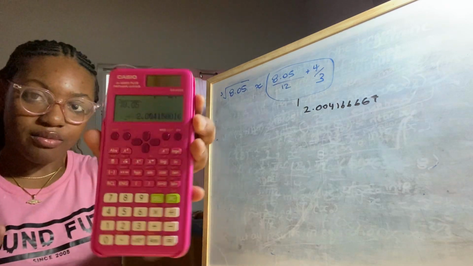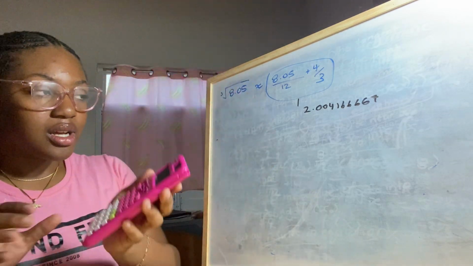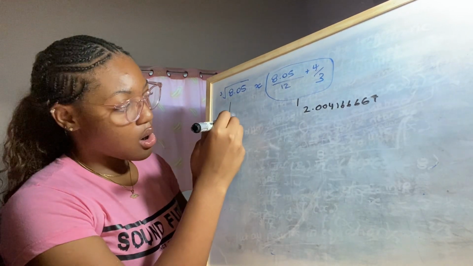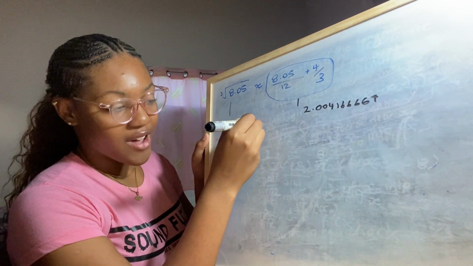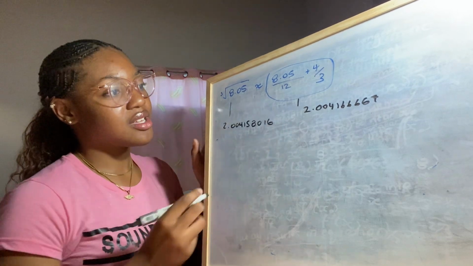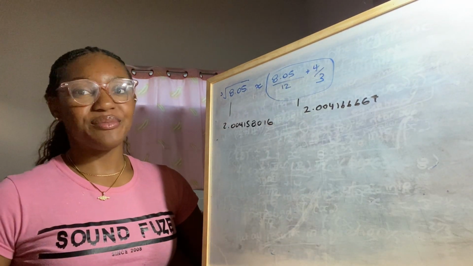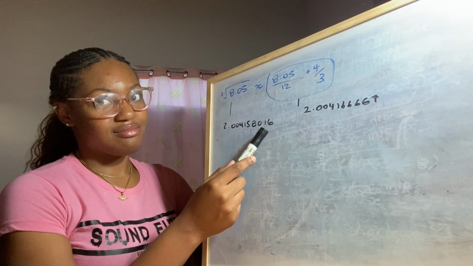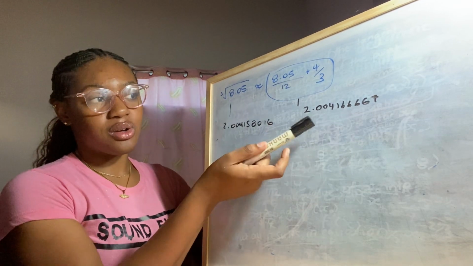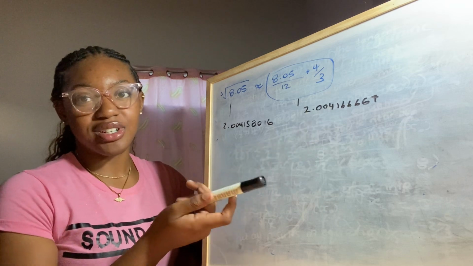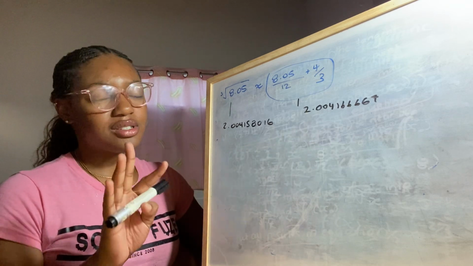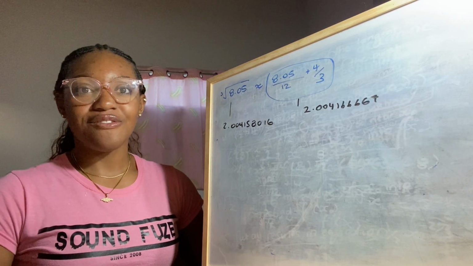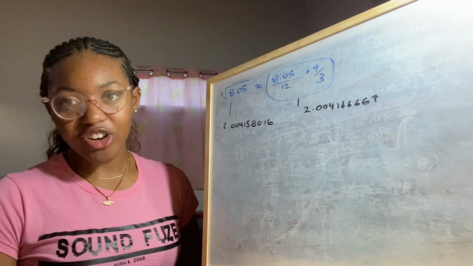So from here, this is what we're getting when we enter it. So right here, this is equal to 2.004158016. And if you notice, it's an approximation. So you're going to see that our original value is close to our approximated value. But yeah, they're close to each other, so our first order estimate is valid.